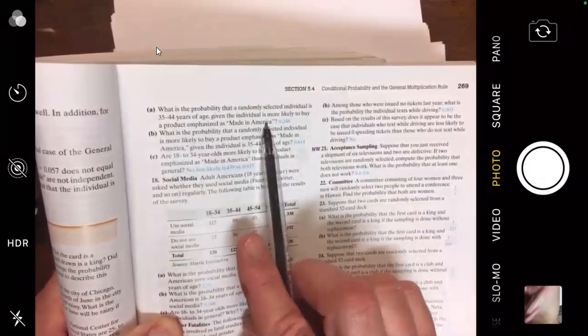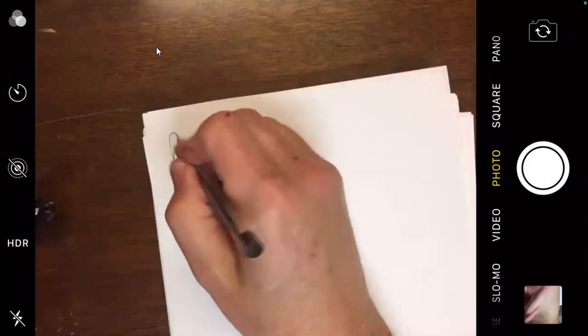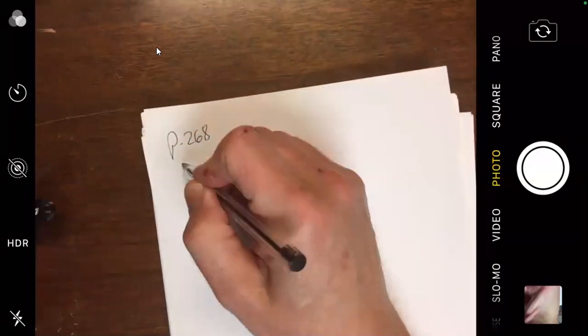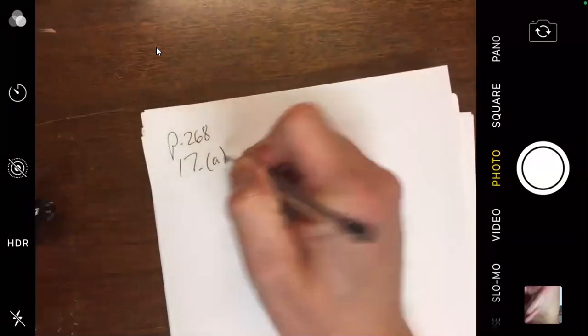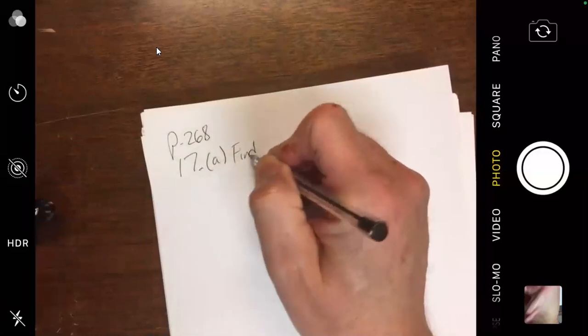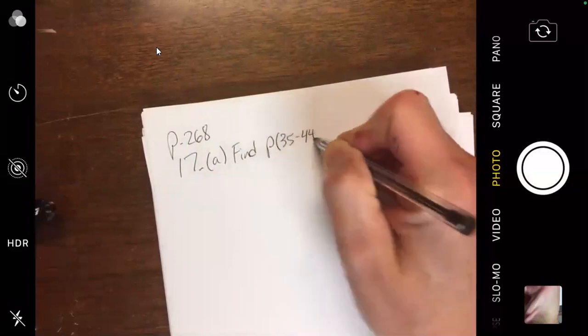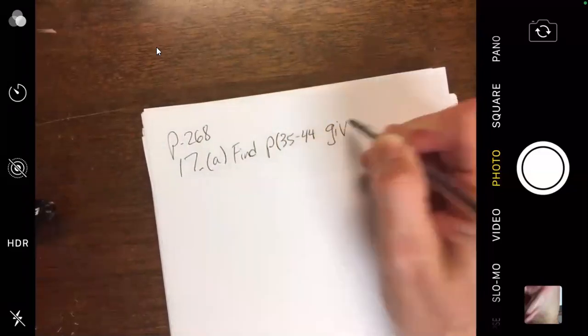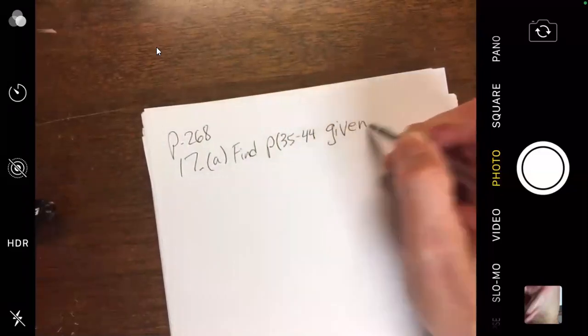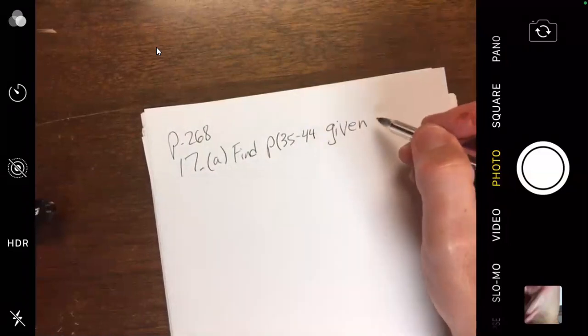All right, let me try to shorten it up without writing out all those words. This is problem 17. We're on page 268. Problem 17, part A. Find probability you're 35 to 44, and they do use the word given. More likely.